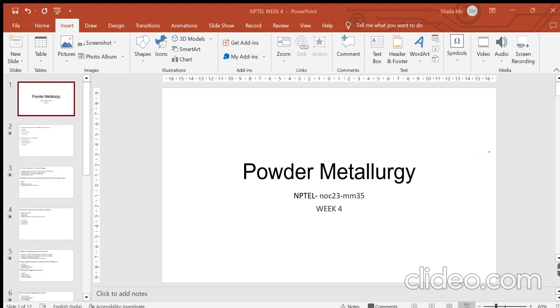So we have a sphere of 1 mm radius which is heated to a temperature of 900 degrees Celsius, and it is allowed to cool, assuming the ambient temperature to be 25 degrees Celsius. So you have to cool it from 900 to 25 degrees Celsius.